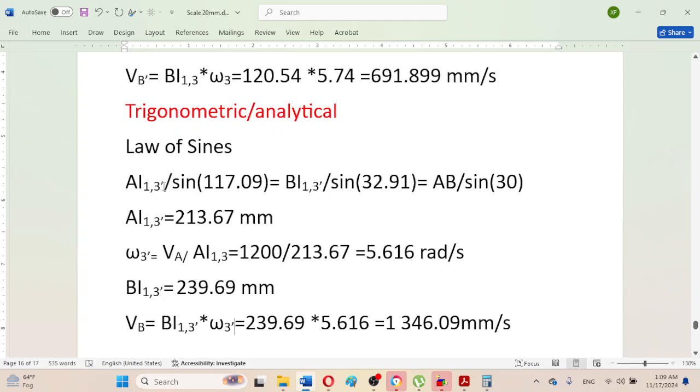AI13 dash will be equal to AB multiplied by sine of 117.09 divided by sine 30.